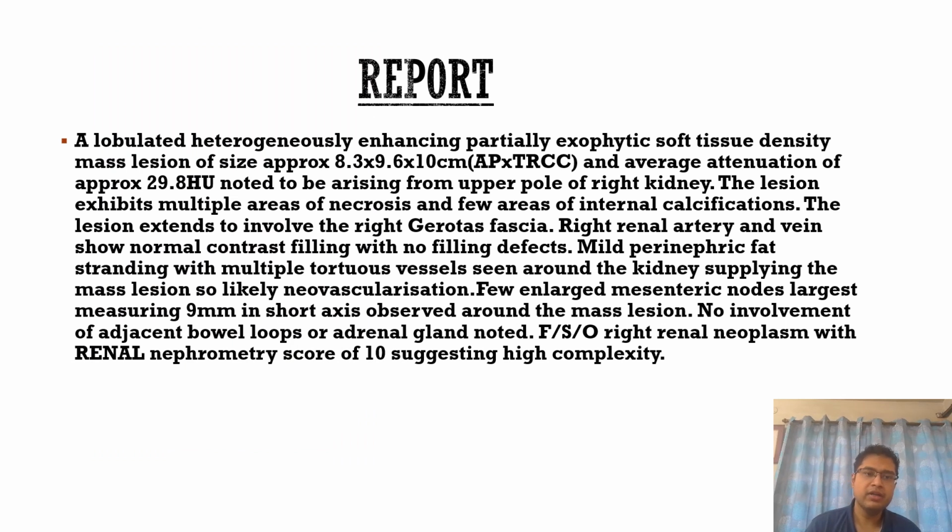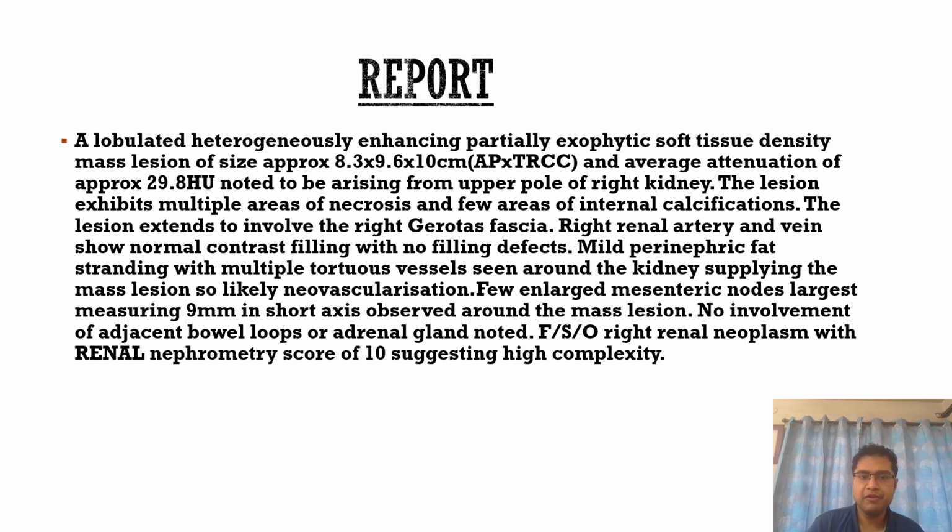This is the report I had given: lobulated heterogeneously enhancing partially exophytic soft tissue density mass arising from the upper pole with multiple areas of necrosis and few areas of internal calcifications appreciated on plain images. It extended to involve the right Gerota's fascia. The vein and the artery showed normal contrast filling with no filling defects, hence ruling out any bland or tumor thrombus.